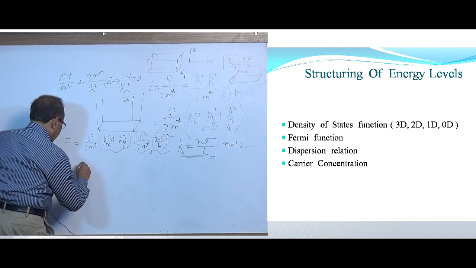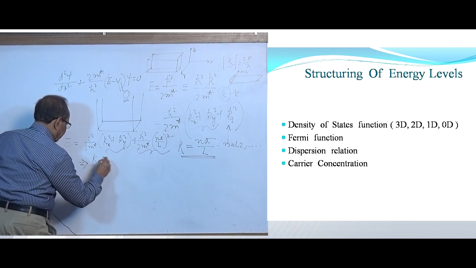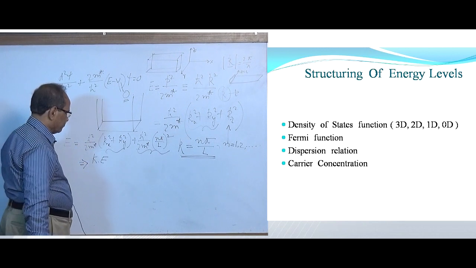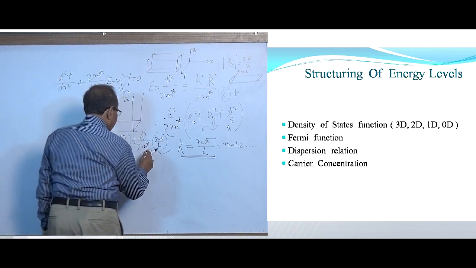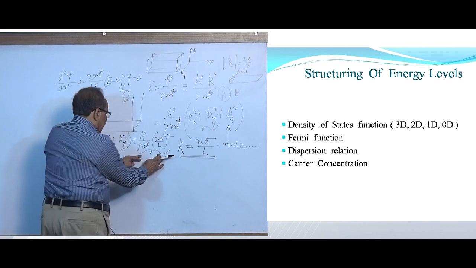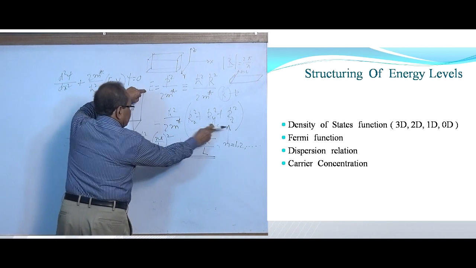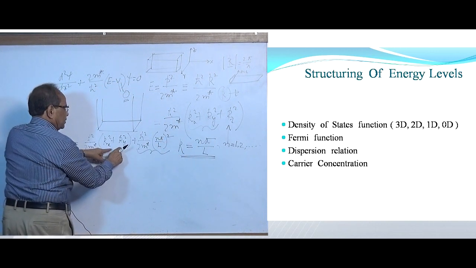Now this is actually the kinetic energy of the particle. And what is this? This is a quantized energy. I mean the total energy was kx square, ky square, kz square. Look here, kx square, ky square.